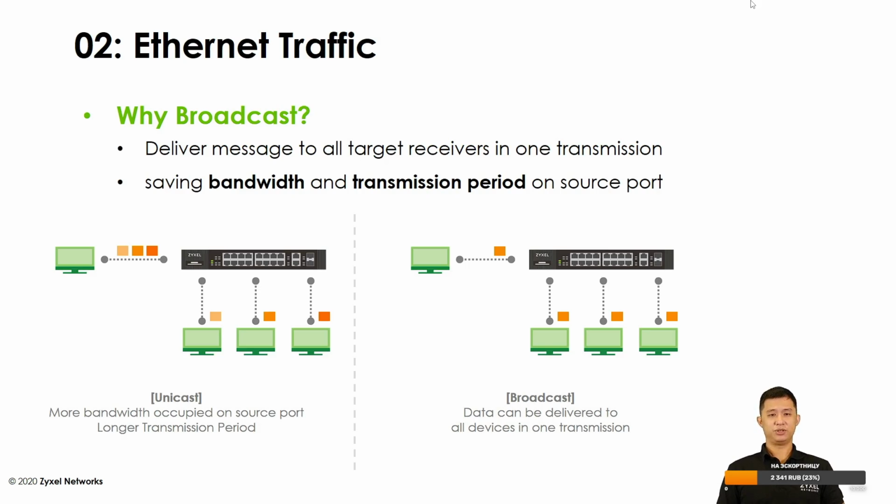This can largely reduce the transmission period and the loading to the transmitter. Another reason why we need broadcast is a device may not know the MAC address of all other devices in the same network. Therefore, it's impossible to deliver the message one by one.